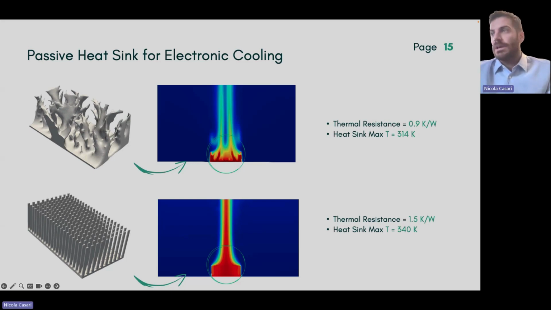By uploading the same design domain and applying the same boundary conditions to our problem, you can easily see that Toffee is able to create shapes which look natural or naturally oriented, and by using this organic shape, you're able to achieve a thermal resistance of 0.9 Kelvin per watt, so much better.